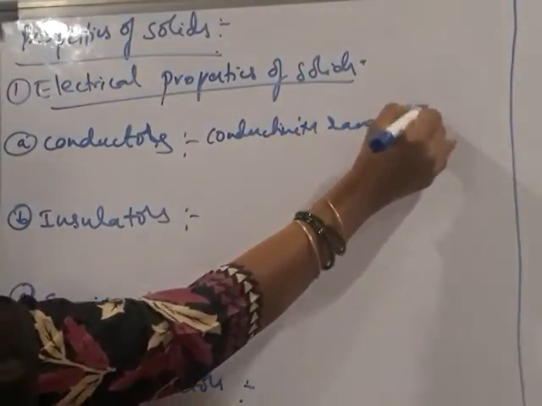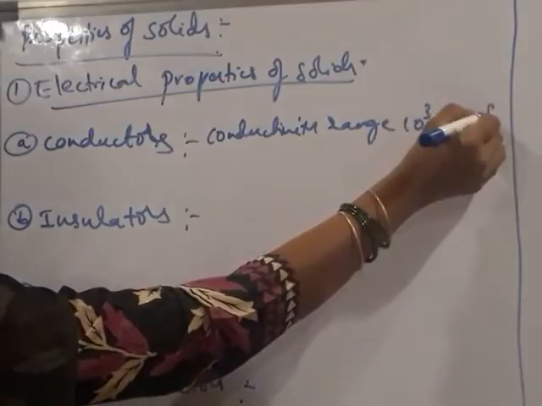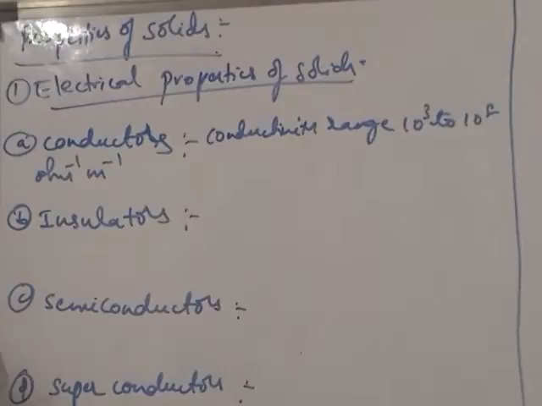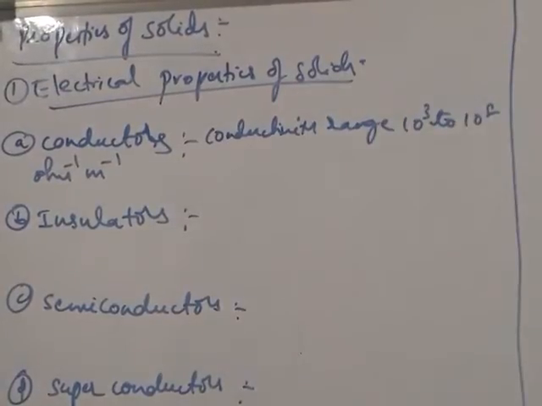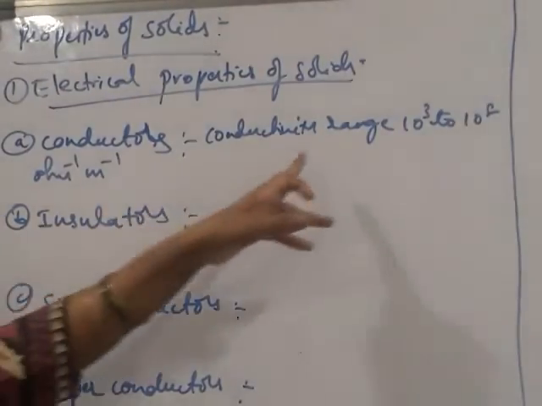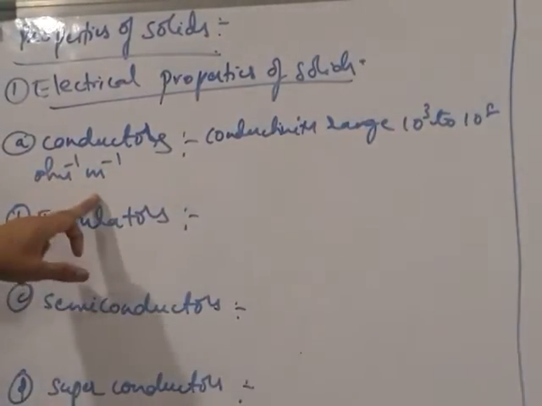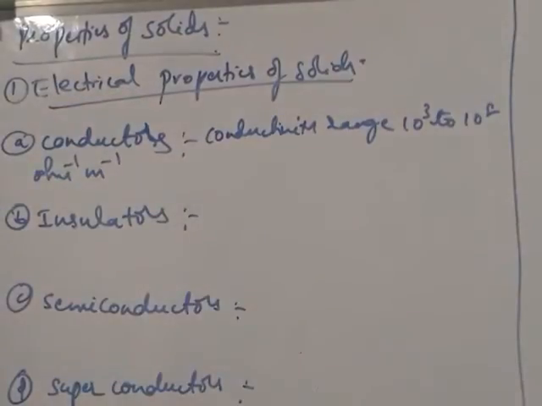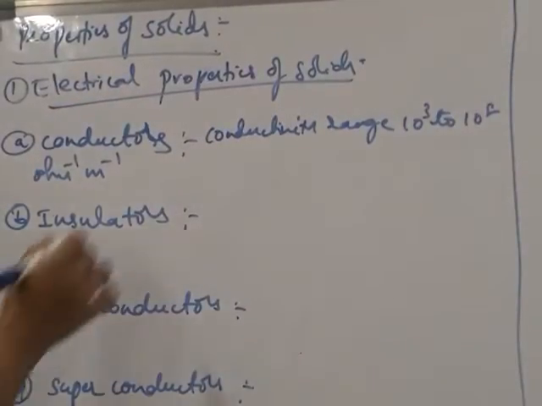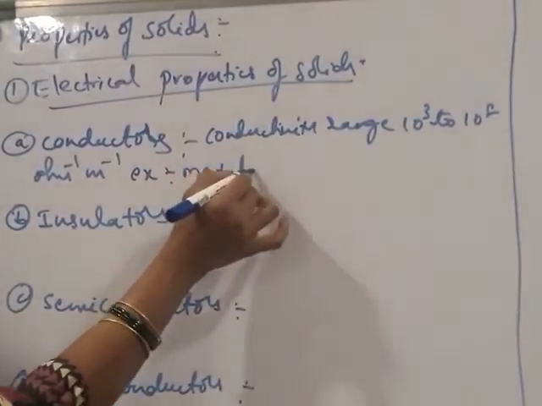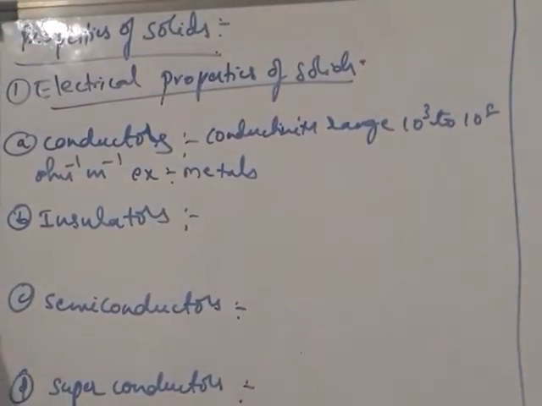So, solids whose conductivity range is in between 10 to the power of 3 to 10 to the power of 8 per ohm per meter come under conductors. For example, metals are conductors.